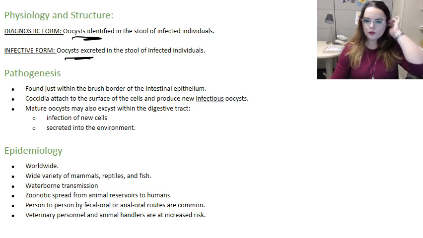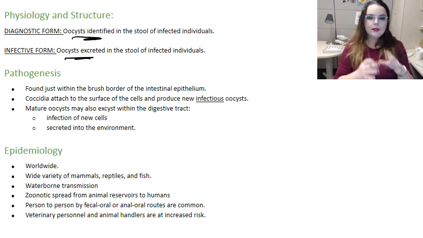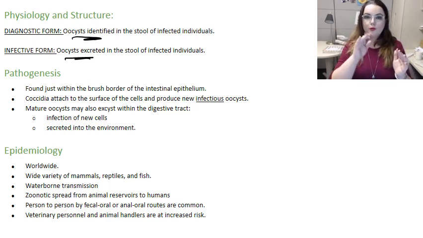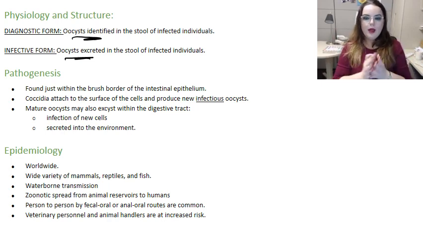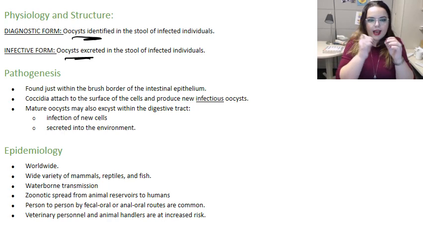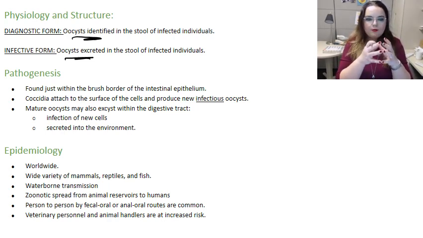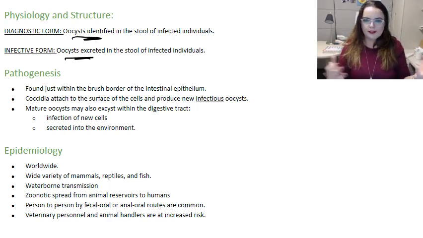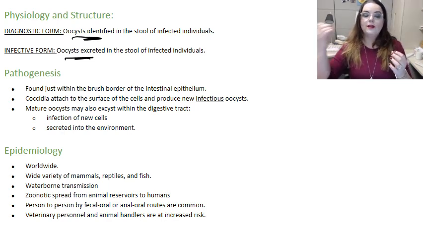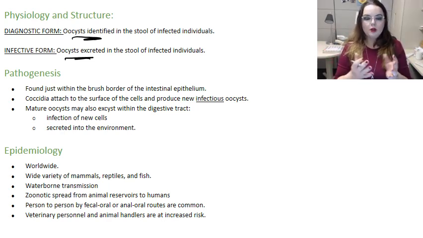So how do we wind up getting sick from this? What's the pathogenesis? So basically, C. parvum are found within the brush border of the intestinal epithelia. Basically, the coccidia attach to the surface of the cells and replicate by a series of processes that include gametogeny. And that leads to production of new infectious oocysts. The oocysts are then going to mature, and if they mature, they might exist within the digestive tract of the host.